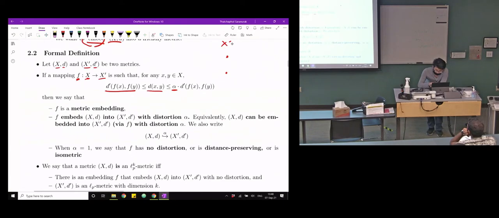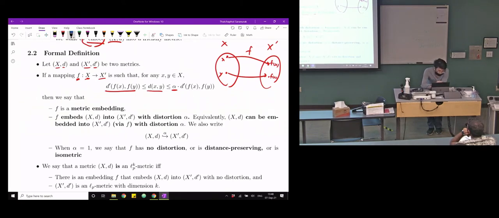So you have X here. This is X prime, right? X, y. I map it using f, and then the distance, the blue distance, is approximately the same as the purple one, this d prime between these 2 points.